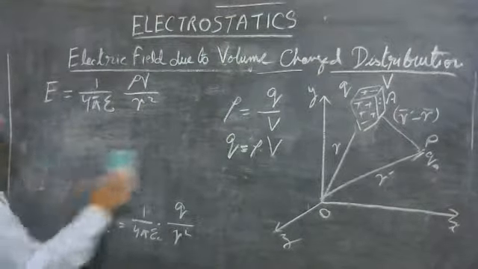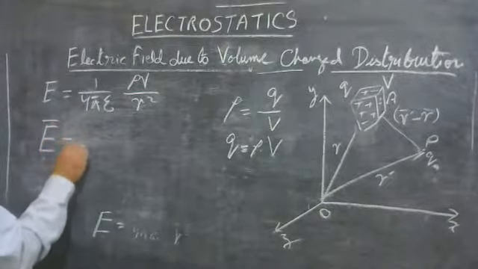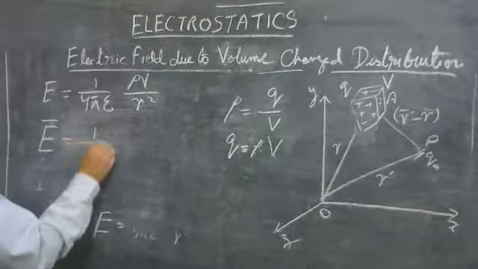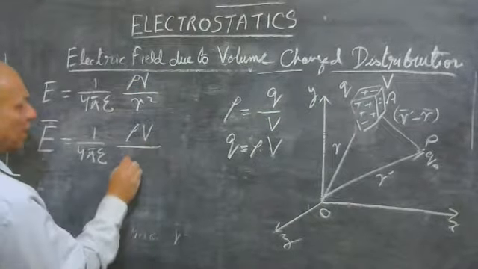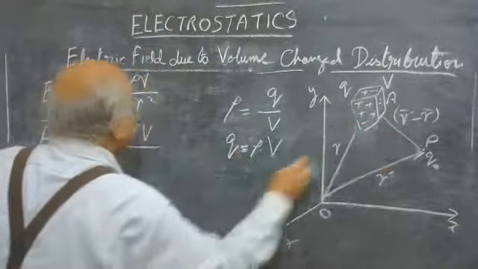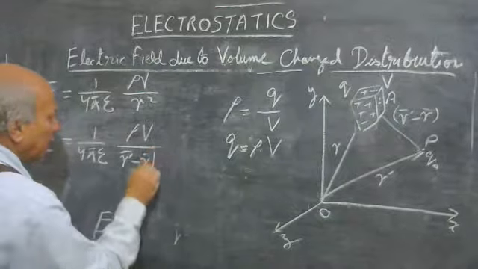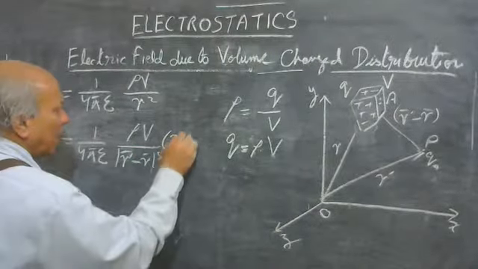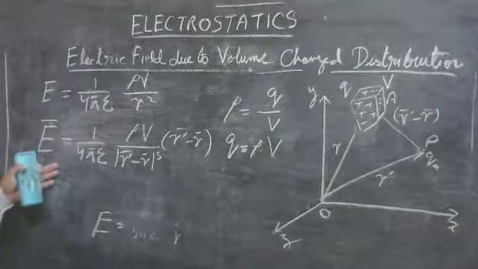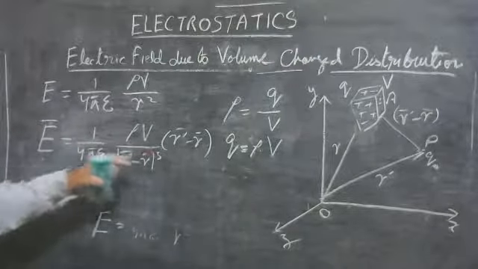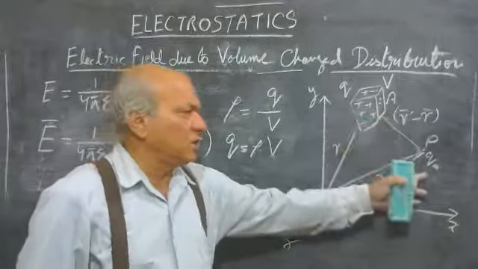Now similarly, in vector we can write down this is equal to, arrow shows vector, 1 upon 4 pi epsilon naught rho V, and in this case we write this distance modulus of R dash vector minus R vector whole cube into R dash vector minus R vector. This is volume charge density and electric field when a cuboid is placed at this and unit charge is at this.